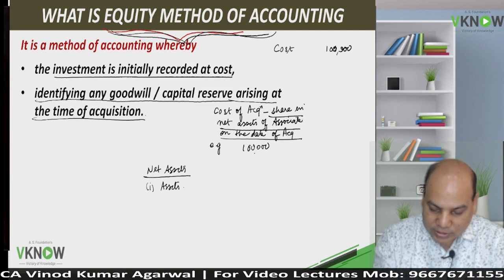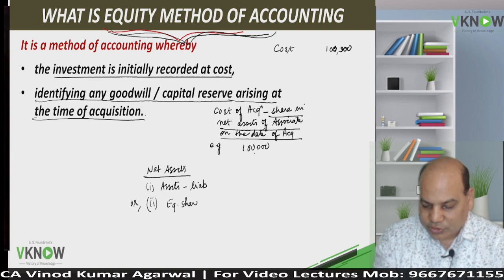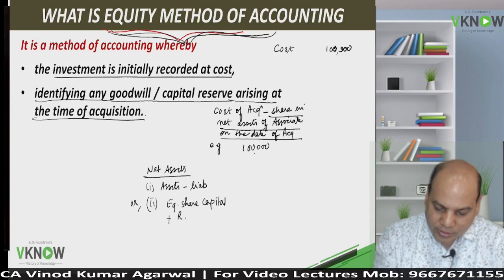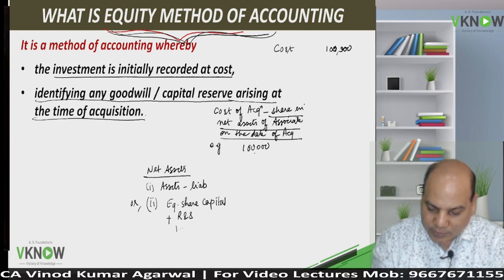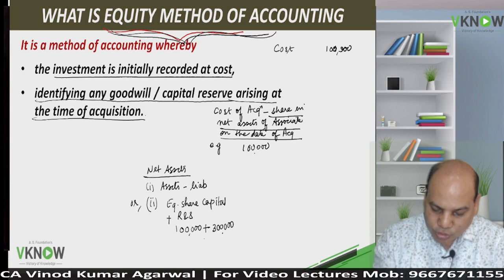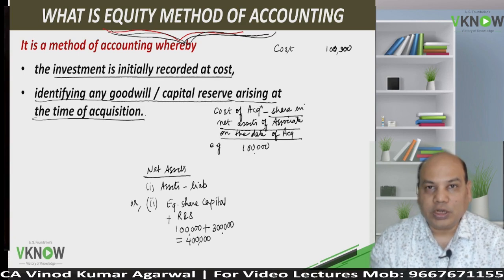Either you will take assets minus liabilities, or the second method is to take equity share capital plus reserve and surplus from the balance sheet on the date of acquisition. Let us say equity share capital is 1 lakh, reserve and surplus is 3 lakh. So total net asset is 4 lakh.